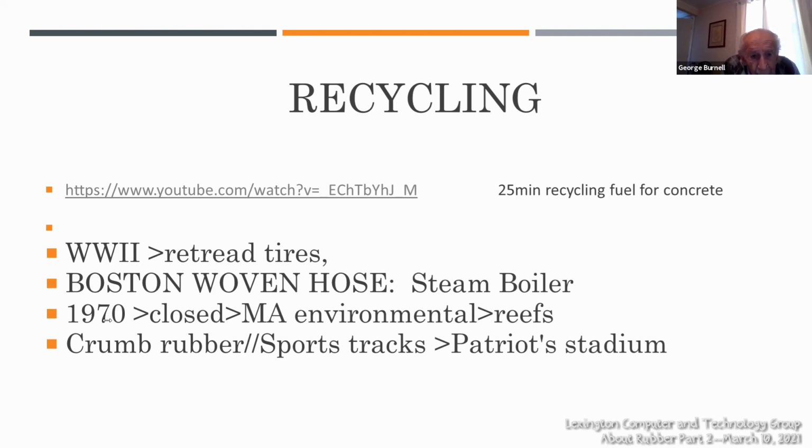And we're going to see it starts out making concrete, but they end up using the tires in that process. We may jump forward, but a little bit, but let's start.